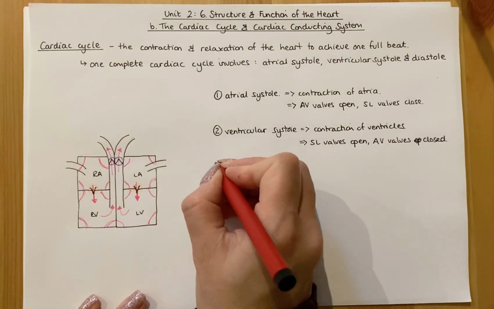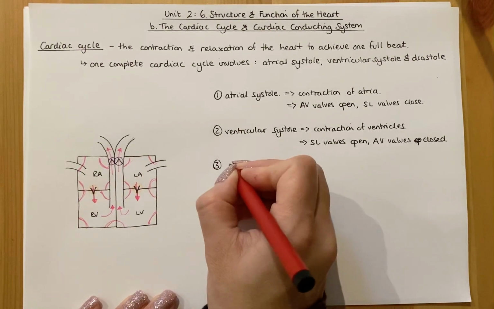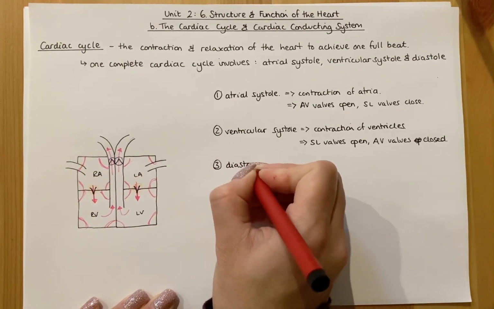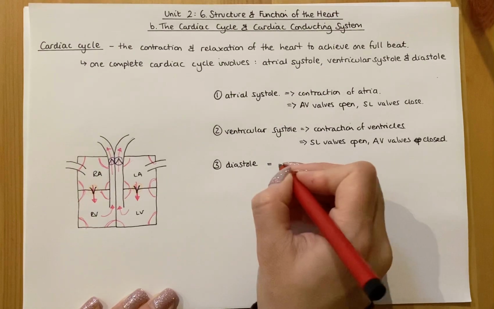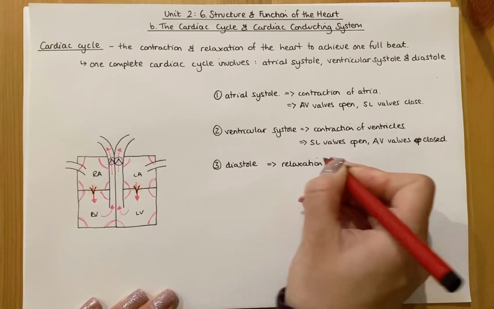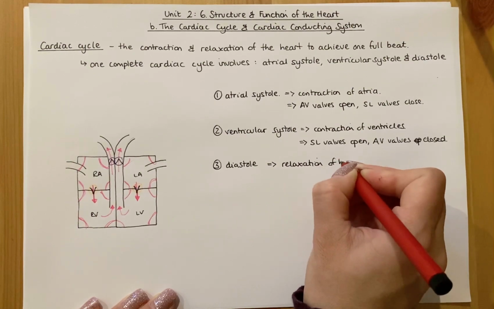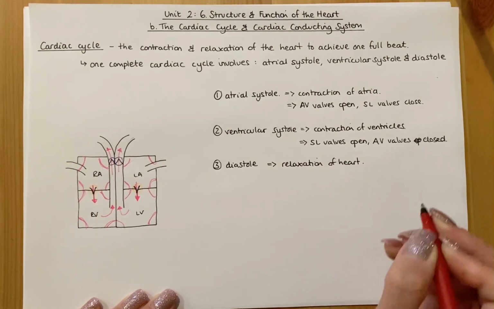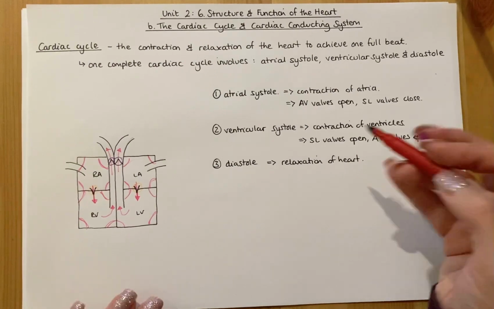Now the very last part of the process is what's called diastole. That basically just means relaxation of the heart. There's a point where it contracts and there's a point where it relaxes. So the whole heart would relax in this part. It wouldn't just be atrial diastole, it would be the whole heart.